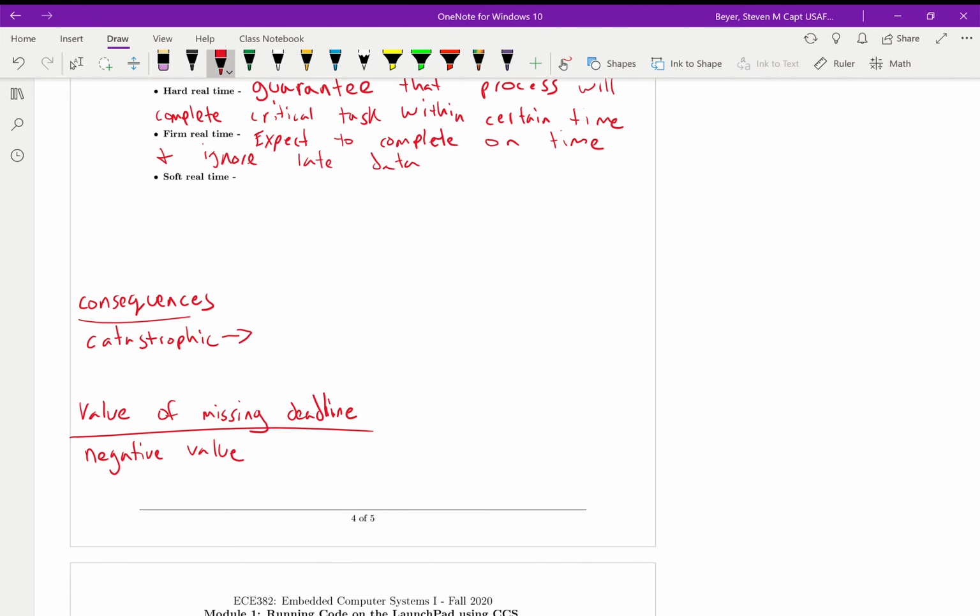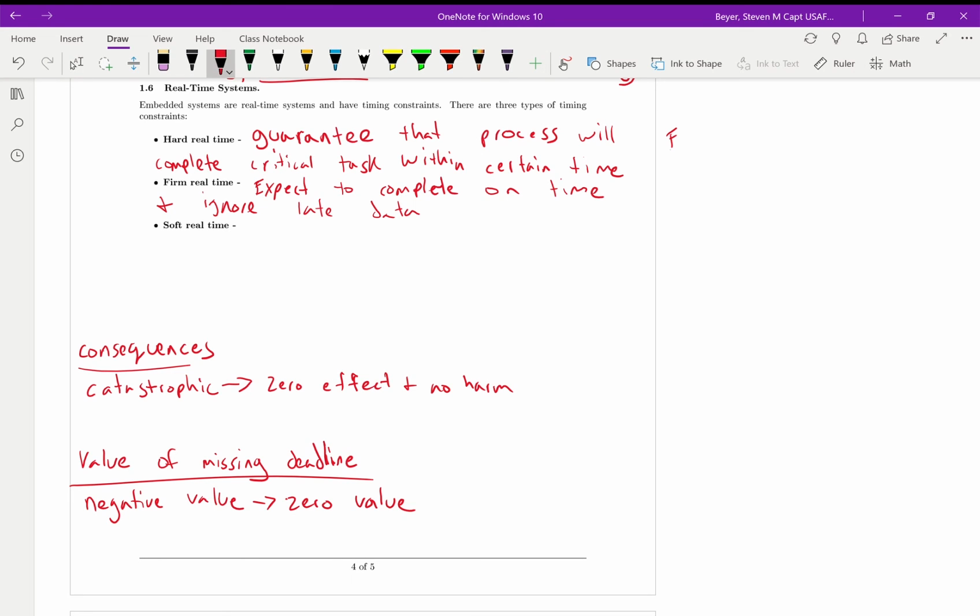Consequences for firm real-time are nothing bad's going to happen because we're just going to ignore it. But also nothing good comes from it because we're ignoring that data. The value of missing it is just 0 value. So like I said, we're just ignoring that data. So for hard real time, we can think of those as emergency systems.